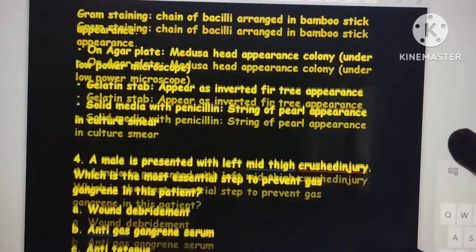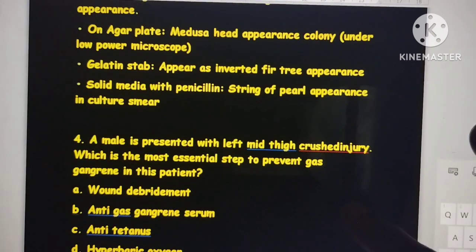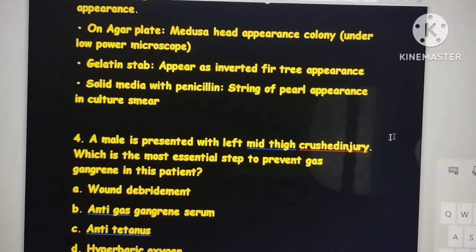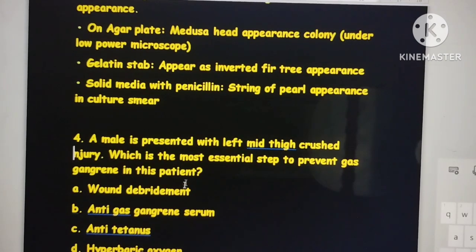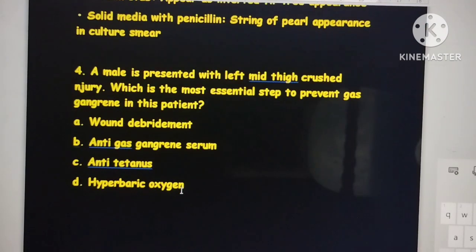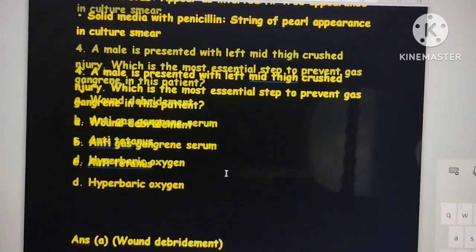Next, a male patient presented with a left mid-thigh crush injury. What is the most essential step to prevent gas gangrene in this patient? Wound debridement, anti-gas gangrene serum, anti-tetanus, or hyperbaric oxygen. It is wound debridement.